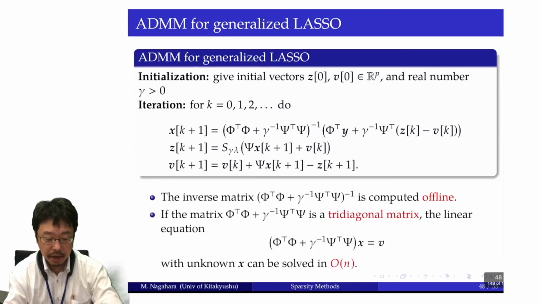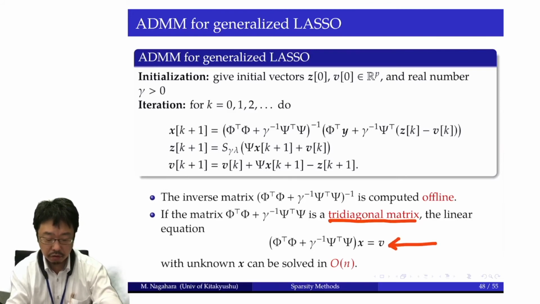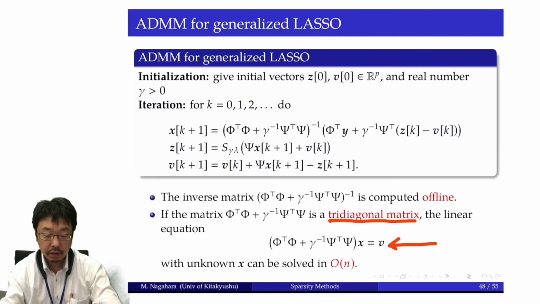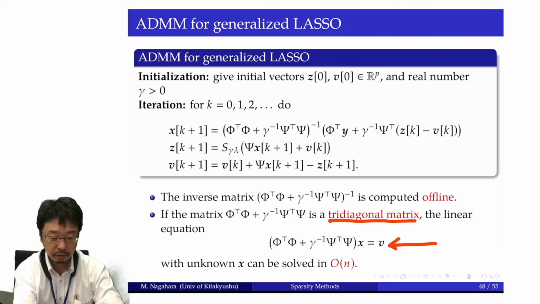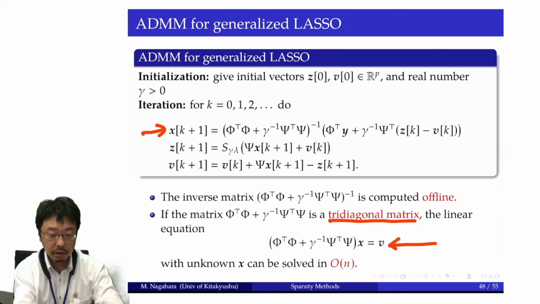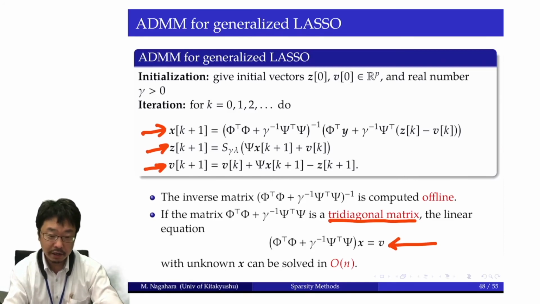Moreover, if the matrix phi transpose phi plus gamma inverse psi transpose psi is a tridiagonal matrix, the linear equation of this with unknown x can be solved in order n. That is, the first update here can be computed very fast. Also, the second and third updates are also very easy. This is the ADMM algorithm.